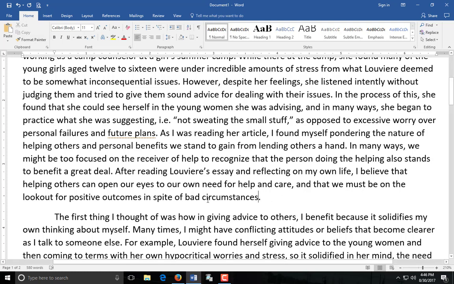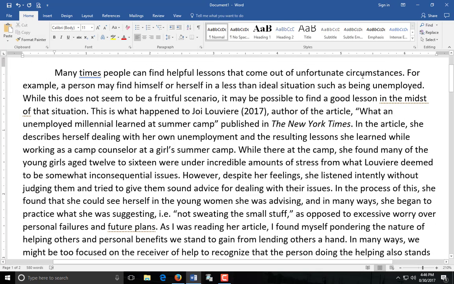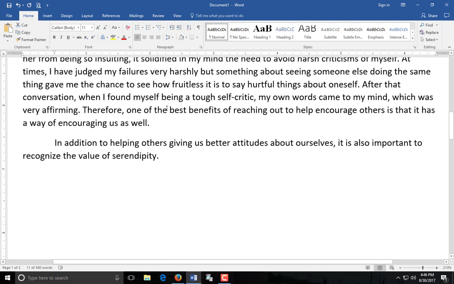And so this is going to have to make me change my whole introduction a little bit, because so far that's what it says in the beginning, find helpful lessons that come out of unfortunate circumstances. Then a person may find herself. So it's already kind of talked about that idea. So I think it'll be safe to move on.